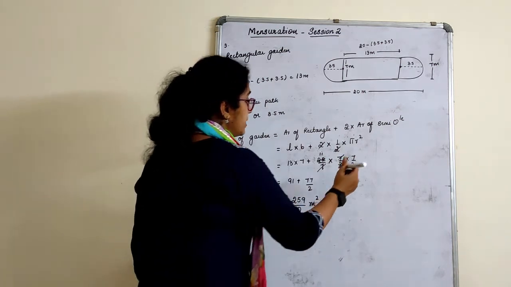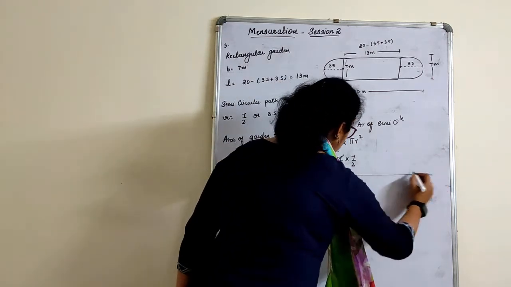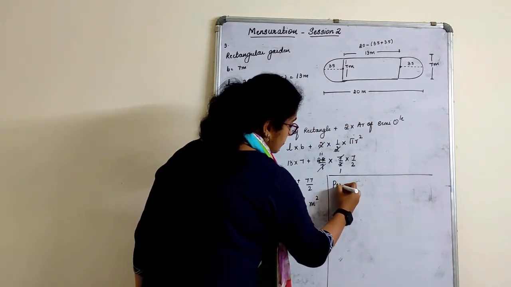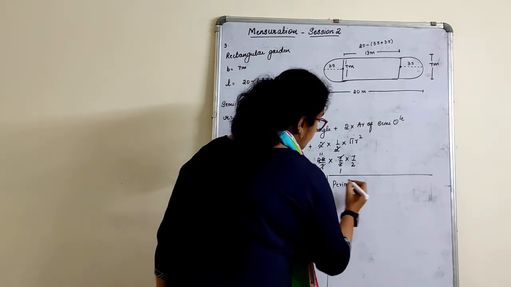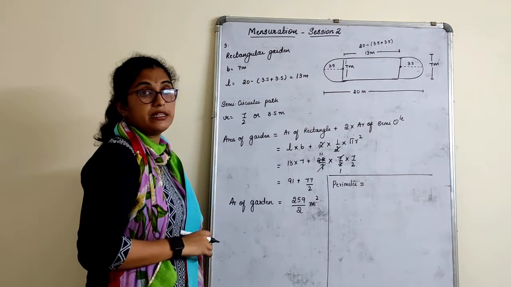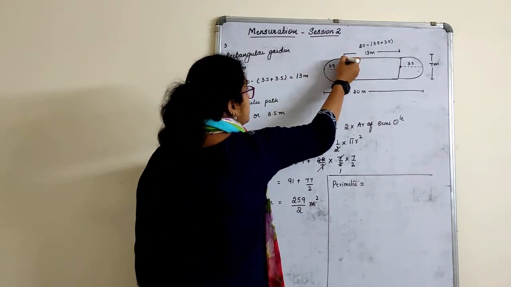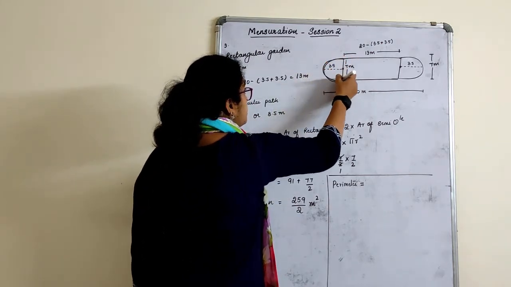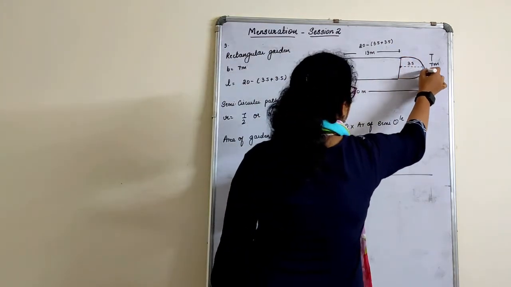Now comes the perimeter. So shall I do it here, children? That will be too low if I do that. Perimeter. Perimeter of the garden is equal to, remember perimeter is the outer part only. So see here, I am just double writing on this part and this part first for perimeter.